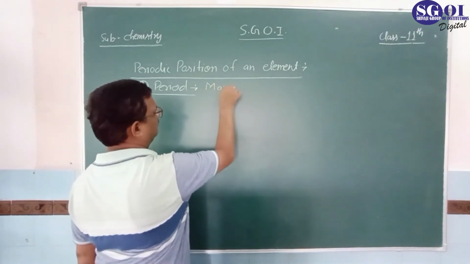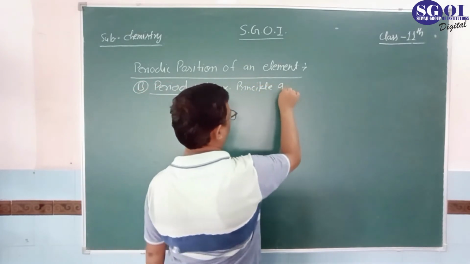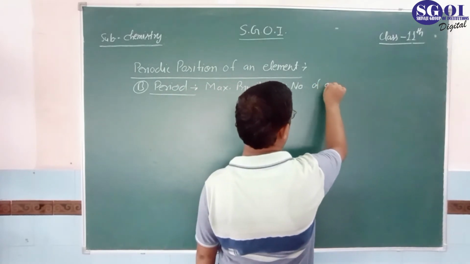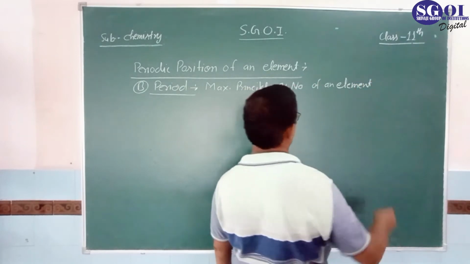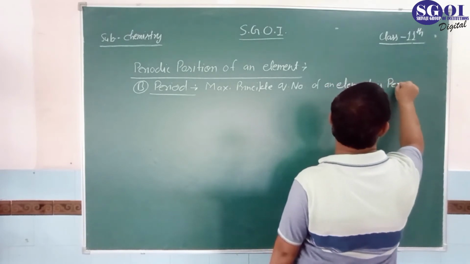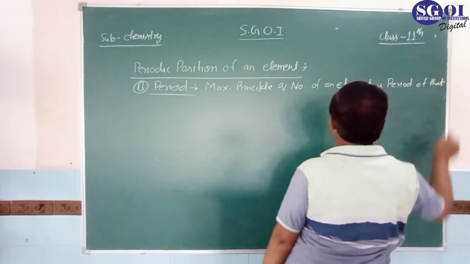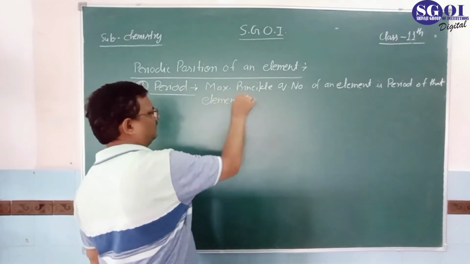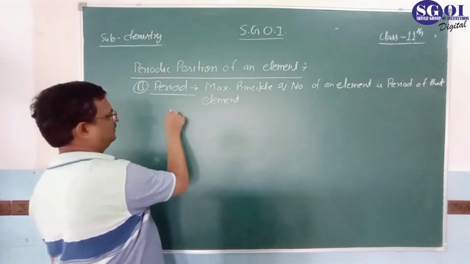The maximum principal quantum number of an element is the period of that element. Maximum principal quantum number. Let's take some examples.